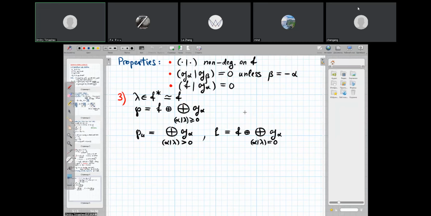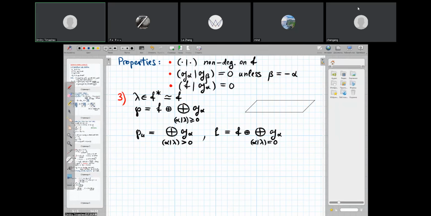So we have this lambda. We have the orthogonal hyperplane to this lambda. Let me draw this hyperplane. This is the hyperplane orthogonal to lambda.